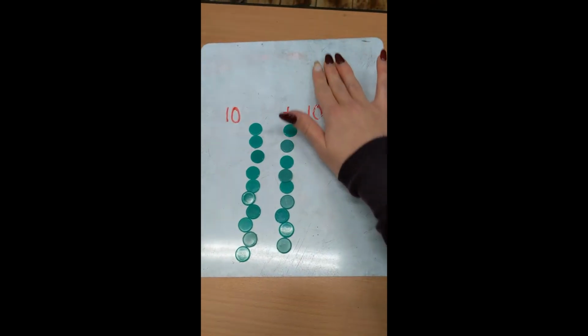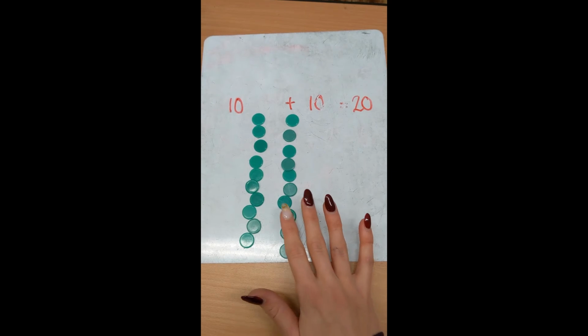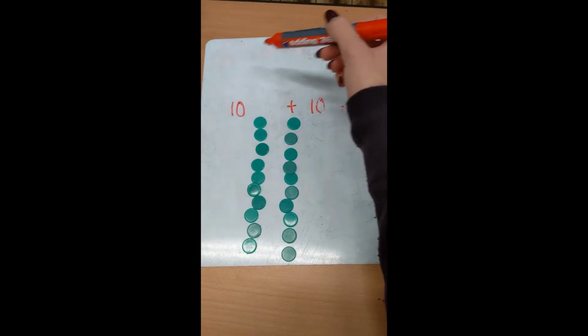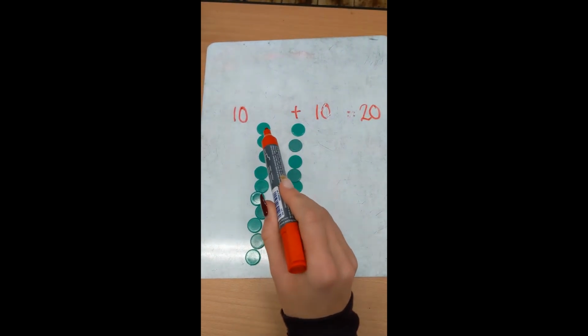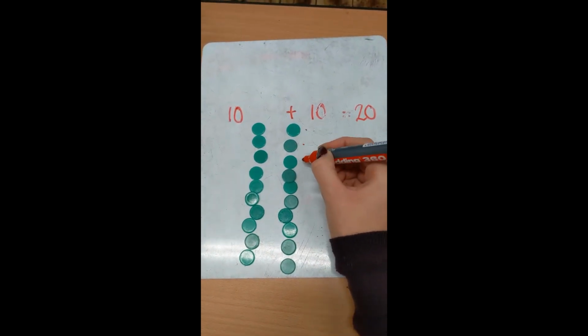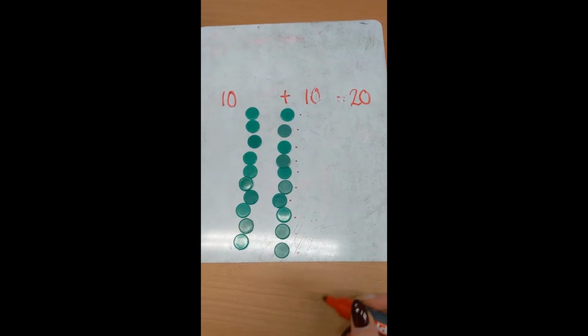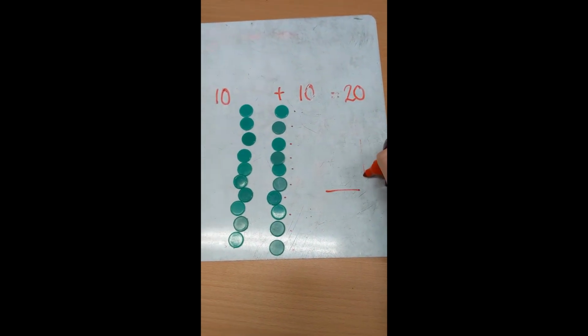And the last one, sorry, they're very fiddly counters, 10. Excellent. I've got 2 columns, which were my 2 groups. And let's see how many rows I've got. 1, 2, 3, 4, 5, 6, 7, 8, 9, 10 rows. Because remember, rows go this way, columns go this way.